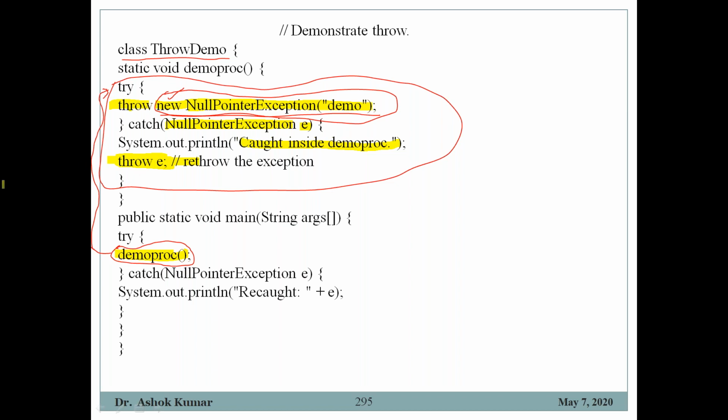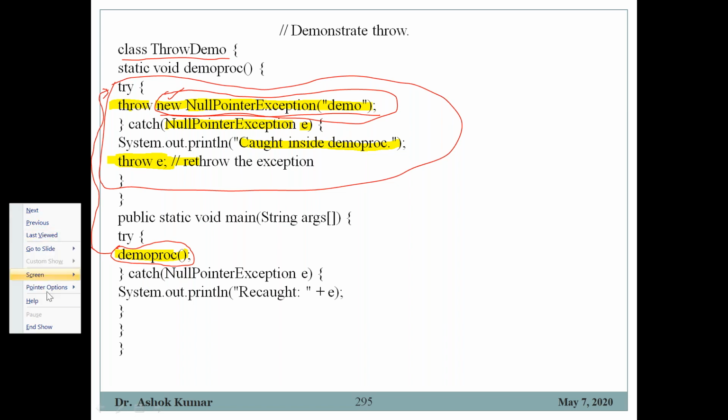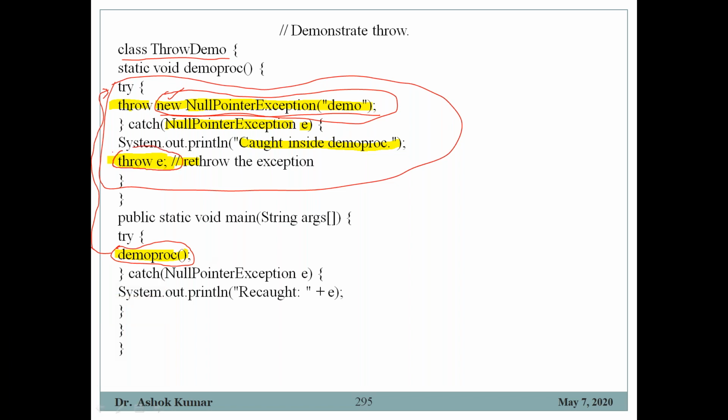So the exception that you are throwing here will be passed on to the catch blocks of the outer try, and the outer try has one matching catch block, NullPointerException. So it will catch this thrown object e, and then it will run the body of this, and you will get another message, and the value of e will get printed.